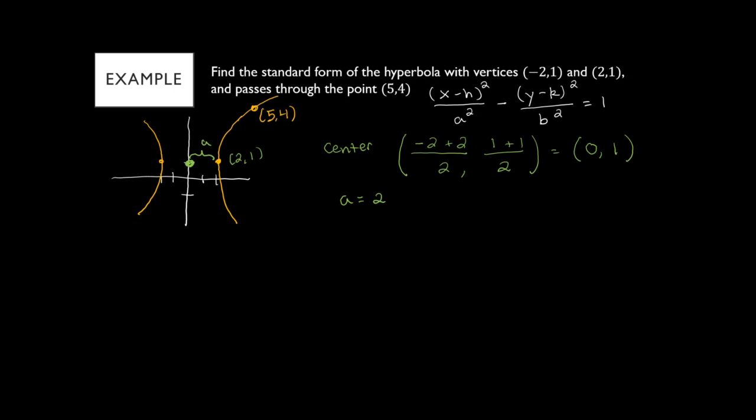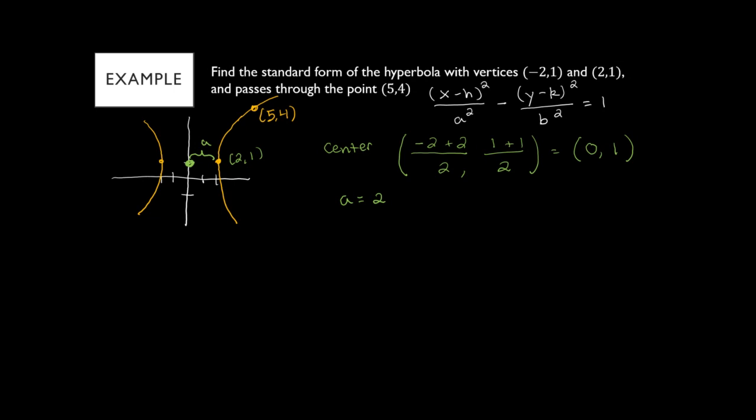What we're going to do is plug in the information that we know so far, the center, A, and that particular point 5, 4 in for x and y, and we're going to solve for b squared. So that way we don't have to find the foci at all, because we don't have the information in order to find those.